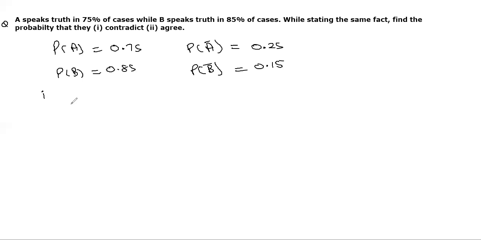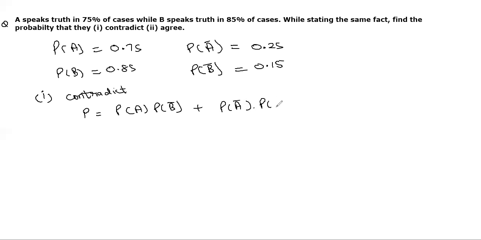In the first part, we have to find the probability of contradicting. So it should be when A speaks truth and B tells a lie, or the opposite, A tells a lie and B speaks the truth. So the required probability will be P that A speaks truth and B does not speak the truth, plus P that A tells a lie and B tells the truth.